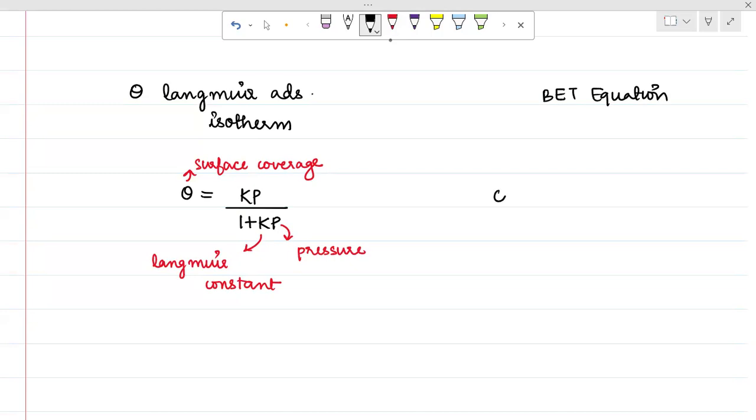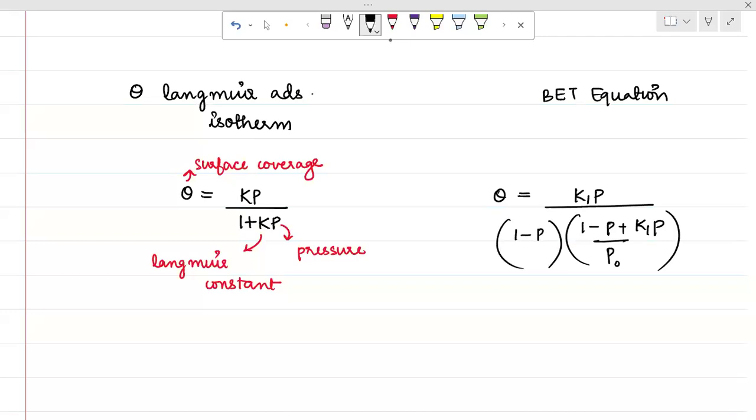Theta is equal to K1P divided by, instead of 1 plus Kp, you write this K1P as it is, and instead of 1, what you have is 1 minus P by P naught, plus K1P, into 1 minus P by P naught.